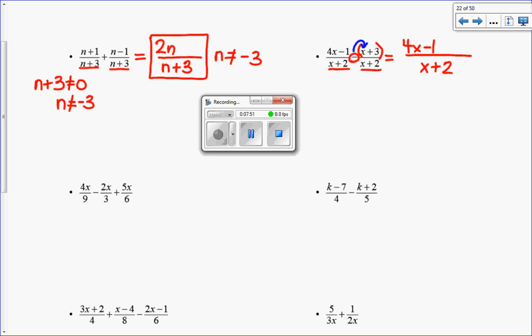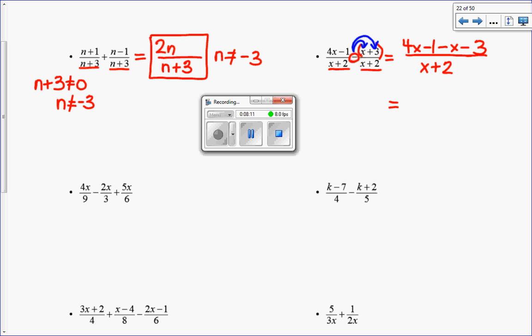I have to multiply it by that term, and I have to remember to multiply it by that term. That's called distributing the negative. So I have to multiply negative 1 times x, which is negative x, and negative 1 times 3, which is negative 3. Now I'm going to collect like terms.